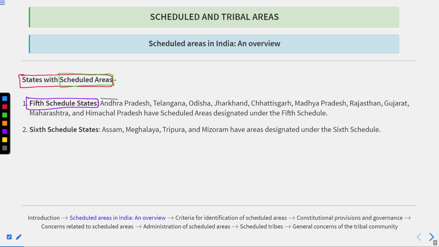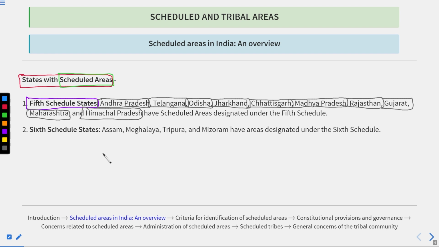So these states are Andhra Pradesh, Telangana, Odisha, Jharkhand, Chhattisgarh, Madhya Pradesh, Rajasthan, Gujarat, Maharashtra, and lastly Himachal Pradesh.